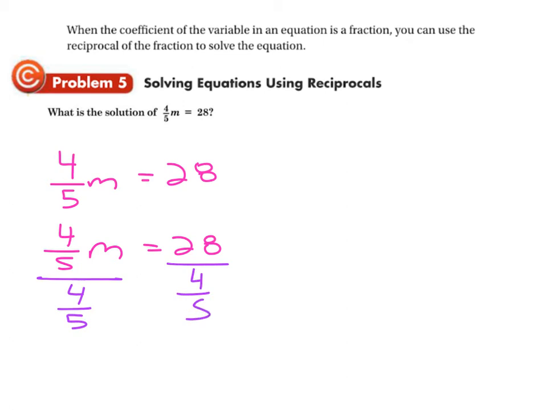Okay, and of course, if you divide by the same amount that you're multiplying by, that cancels out, so this would be an m. But what do you do here? Okay, I'm going to write it over here on the side. So we could say, then that's equal to m. And on this side, what we've got is essentially 28 divided by 4/5.